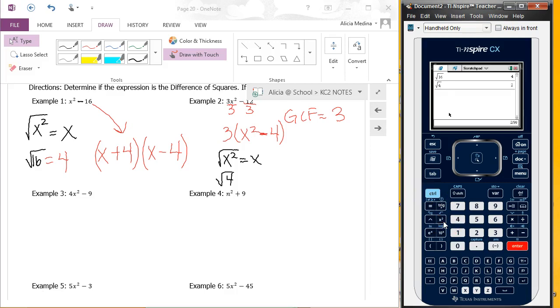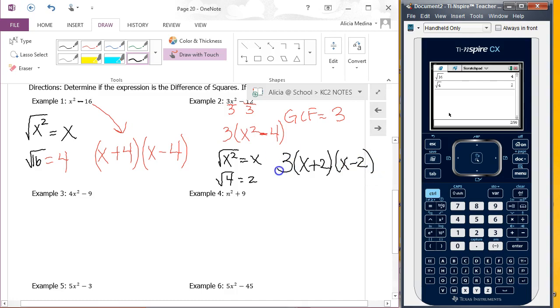The square root of 4 is 2. So that when I write my binomials, I do need x plus 2, x minus 2, but I cannot forget that 3. Remember that GCF, that 3 right there? It has to be written in front of both of those binomials.